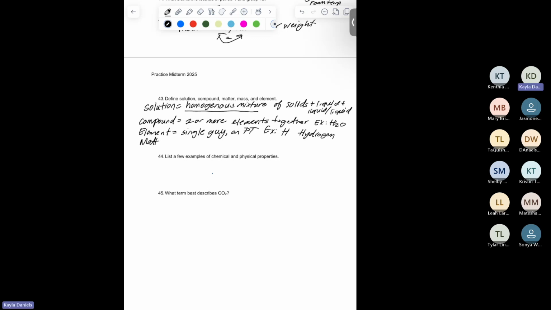Matter: anything that takes up mass and space. Element we just did. Mass: why am I blanking on the definition for mass? It's kind of like weight, but without gravity. The amount of space something takes up, I think that's the technical definition.